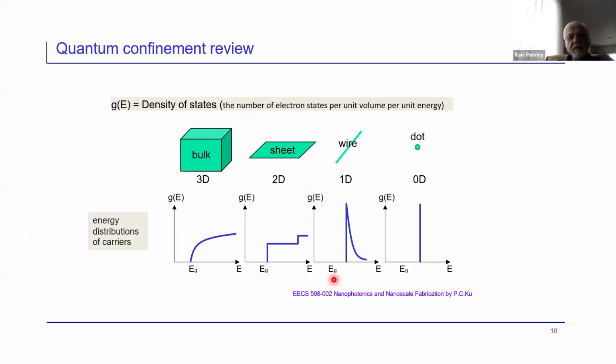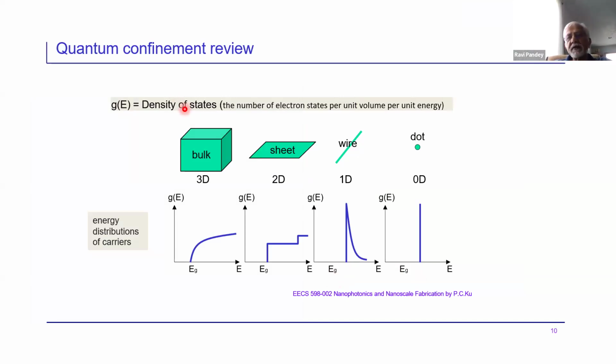So what happens when we have quantum confinement? It basically modifies the density of states. As you may know, in our electronic structure calculations, the density of states that we calculate defines the response of the material.